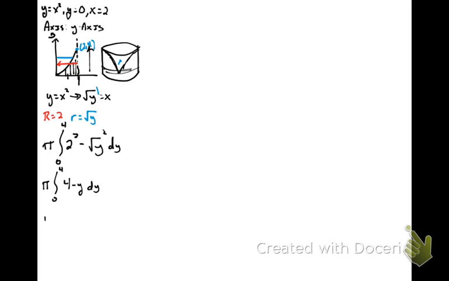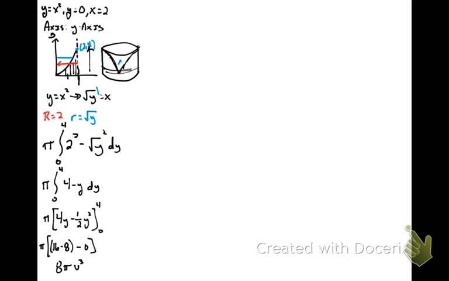When you integrate that, this would be 4y minus 1/2 y squared from 0 to 4. Substituting in 4, we'll have 16 minus 8, minus, substituting in 0, we'll just get 0. So our volume is 8 pi units cubed.